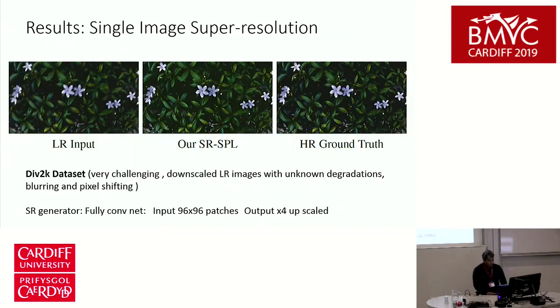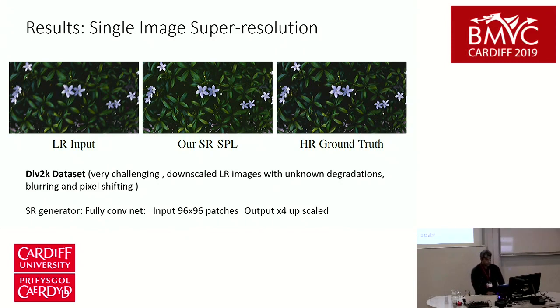Next, we also show the effectiveness of this SPL loss on the single image super resolution problem. Here we trained the SRResNet generator, which is used in the recent GAN-based framework. So our main motivation is to show that one can train the common, standard generators without using adversarial loss components.